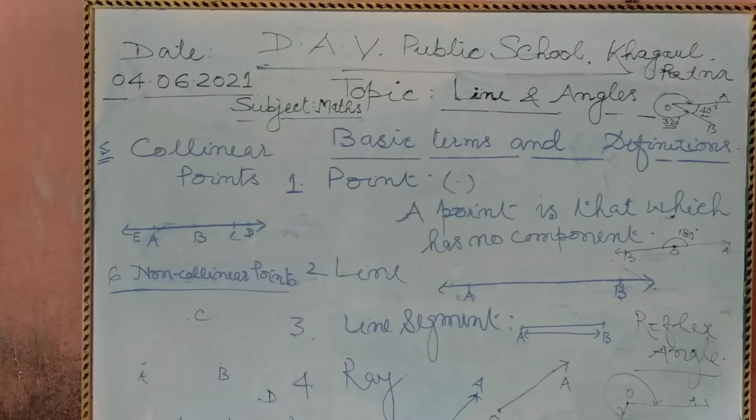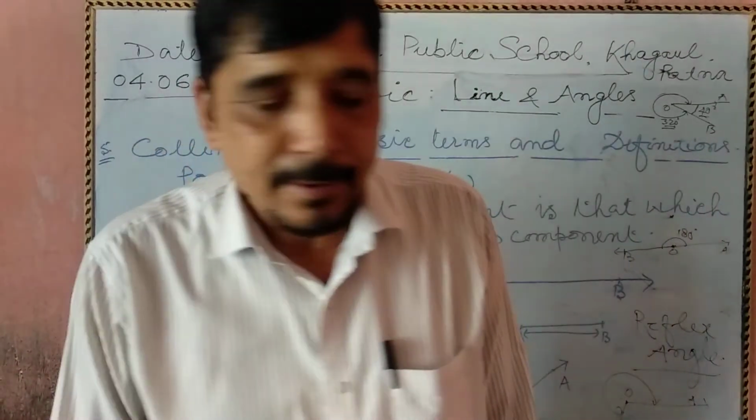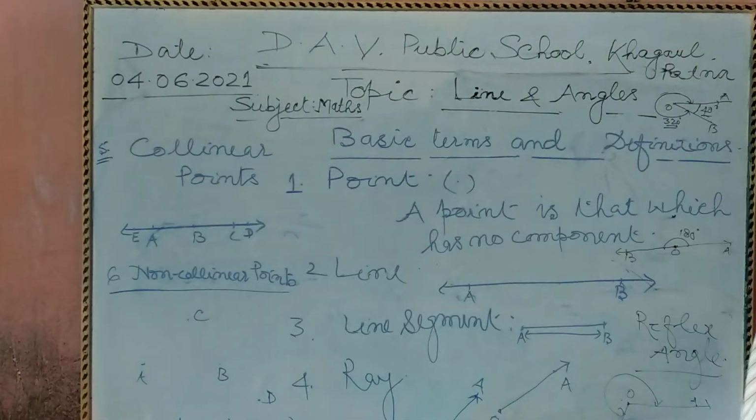Okay. Now line segment. What is a line segment? A line segment is also part of a line. It comes from a line. From a line you can break up into so many parts, so many segments, so many pieces.